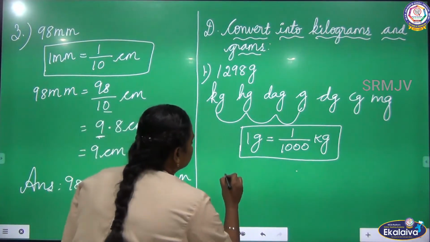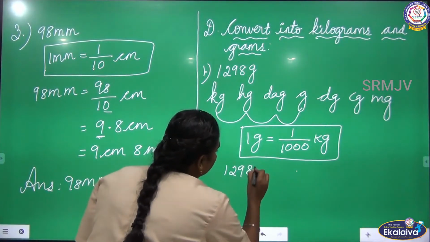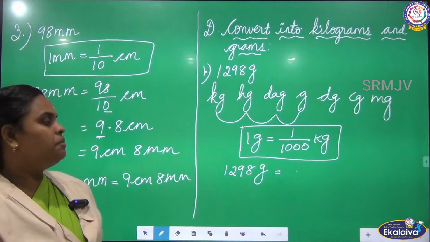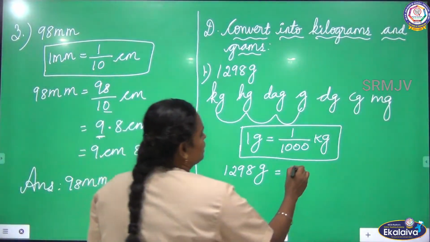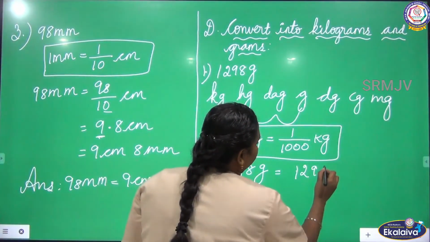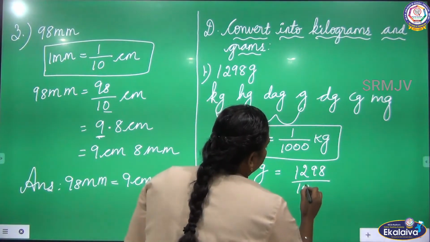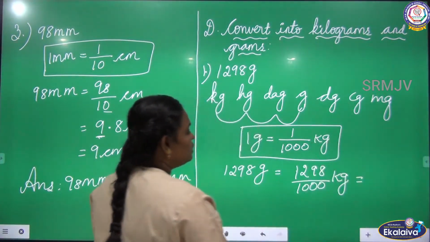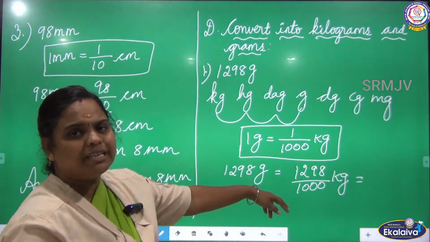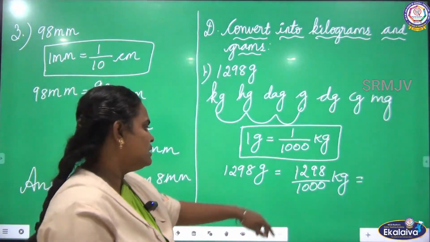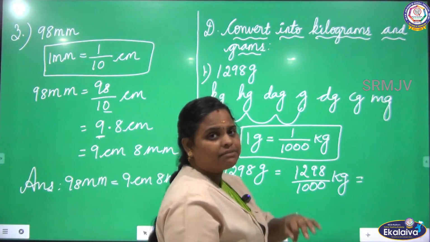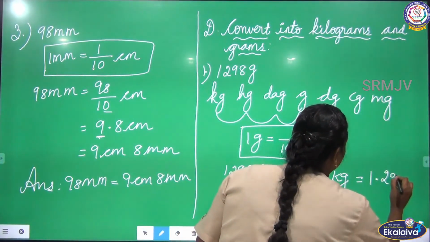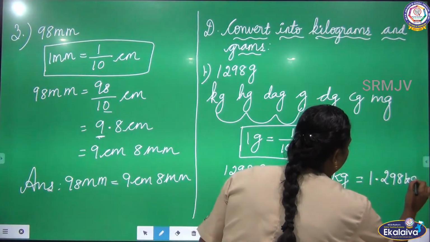So 1298 gram equal to 1298 by 1000 kilogram. So how many zeros in the denominator? 1000, 3 zeros. So how many decimal places we have to leave? 3 decimal places. So 1.298 kilogram.